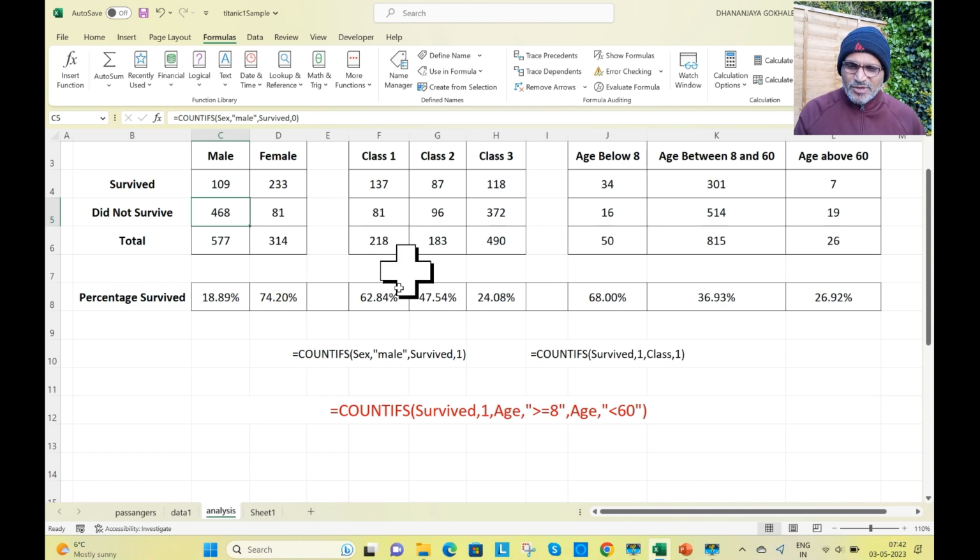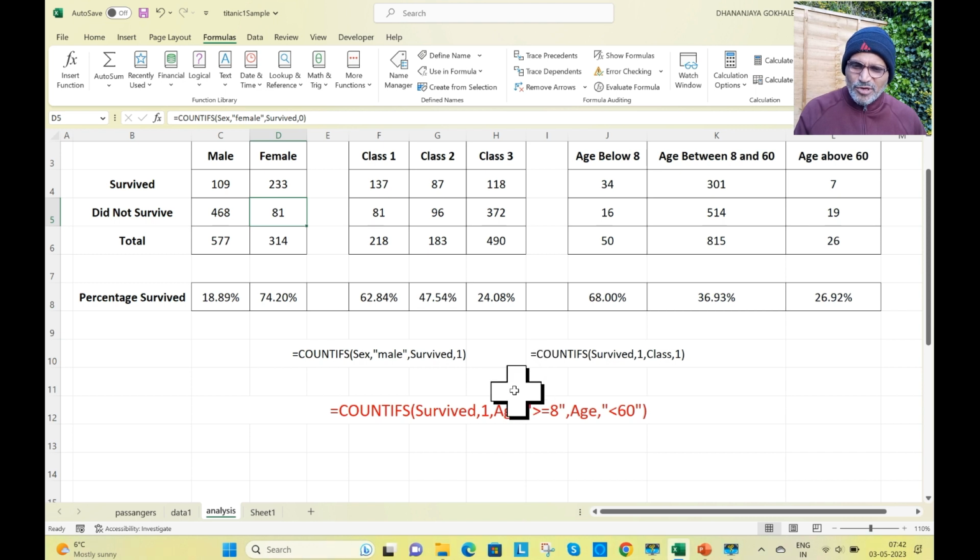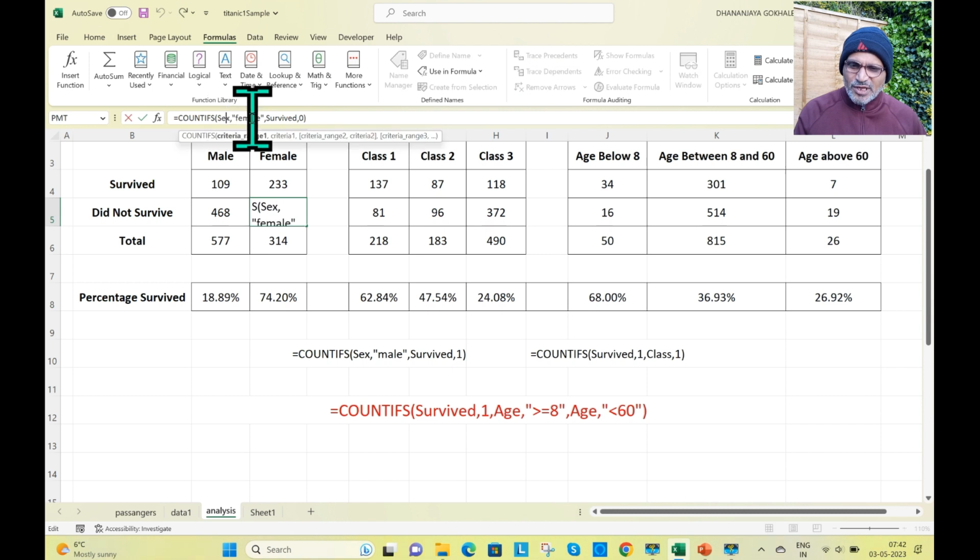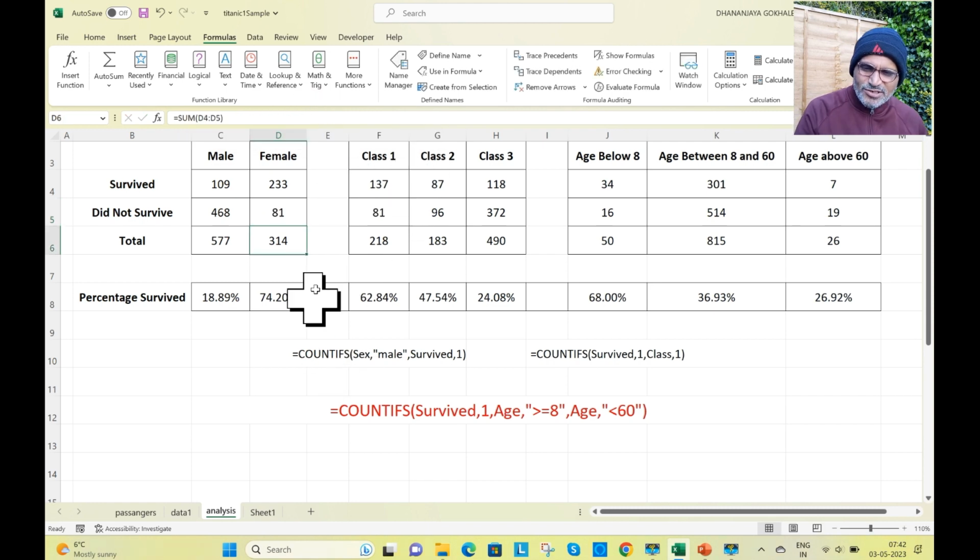As far as females are concerned, the formula would also be the same, whereas we would just put criteria range 1 as sex, and instead of male we will write female, and the balance is the same. So here it is did not survive, so it is survived comma 0. That's it. So it's pretty much simple. In fact, if you just make one formula, you could just drag it and make small changes, and likewise you could do it for all.